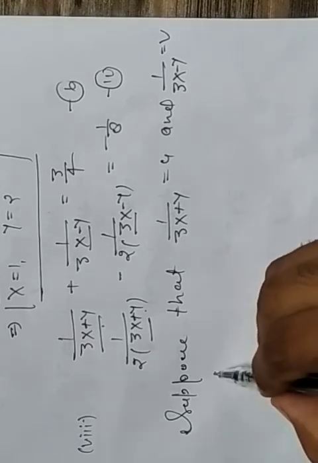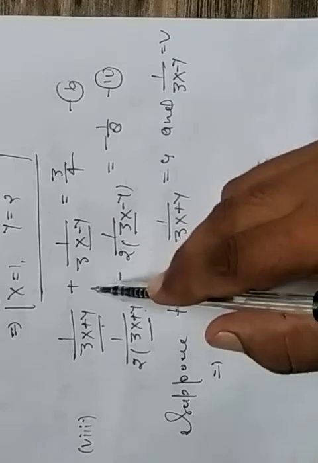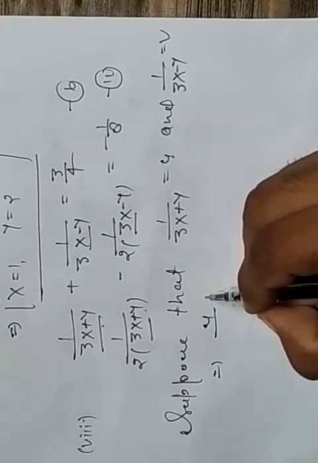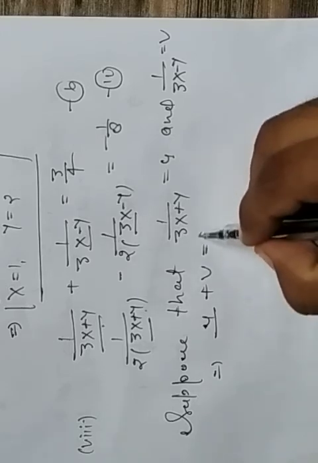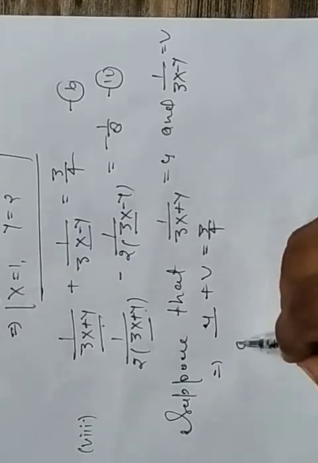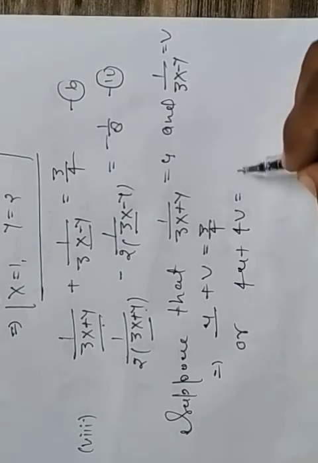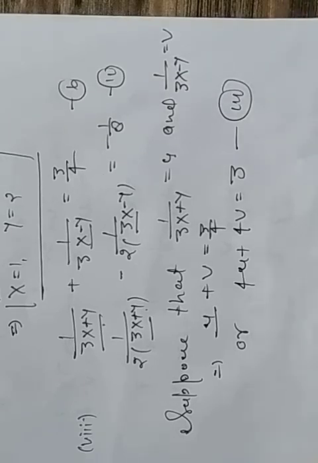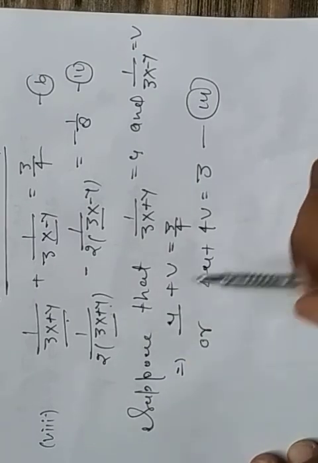Now put the value of u and v. So by putting the value of u and v in equation 1 and 2, we are getting what? u upon u plus v is equal to 3 by 4, or 4u plus 4v is equal to 3. Equation 3.